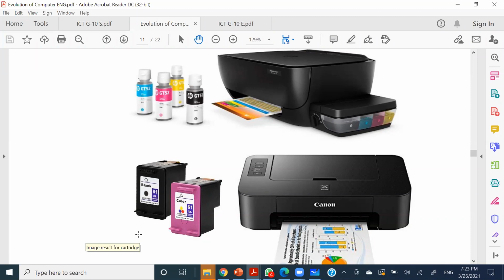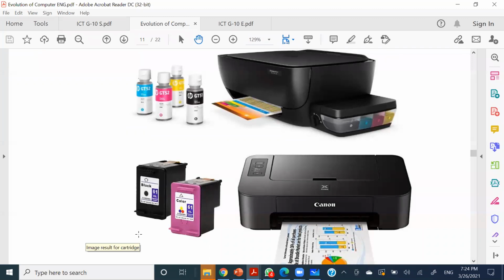It can generate a maximum of around 60 or 70 printouts, right? When that happens, you have to either refill this particular cartridge or purchase a new one. Cartridges are by default harder to refill. There are ways of refilling, but it's hard.